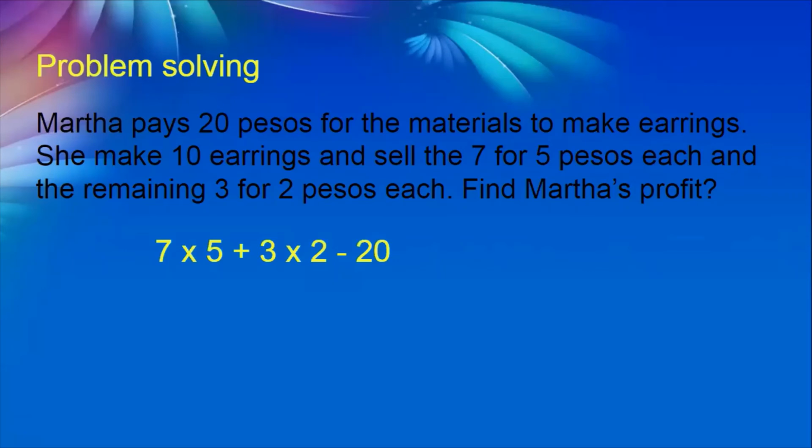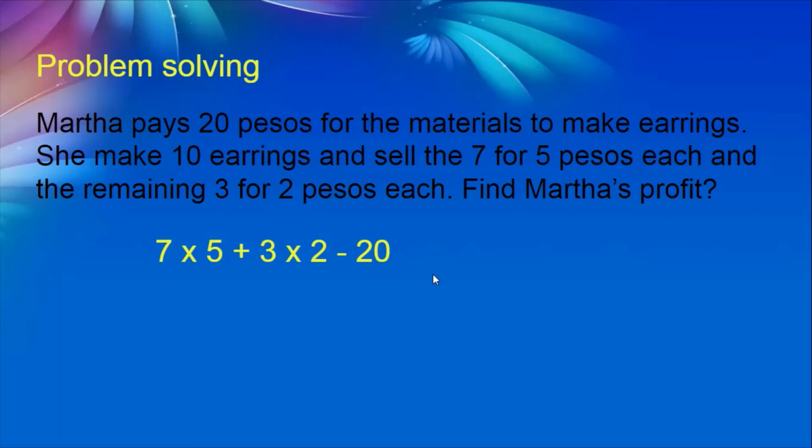So we have 7 times 5 plus 3 times 2. And to find Martha's profit, we are going to subtract her original money, which is 20 pesos. So here is now our expression: 7 times 5 plus 3 times 2 minus 20.